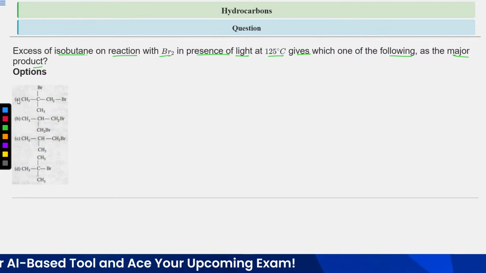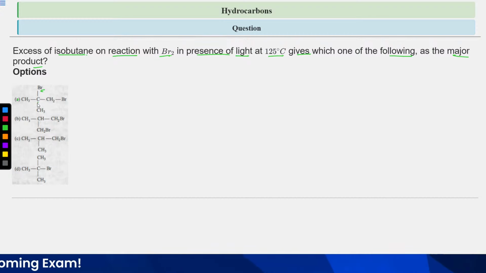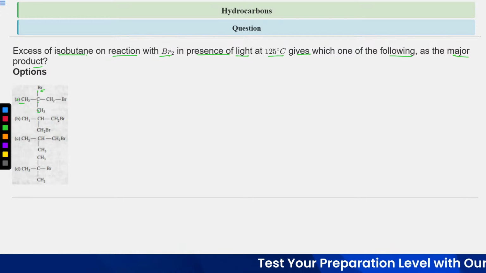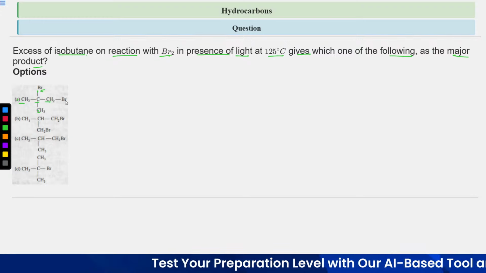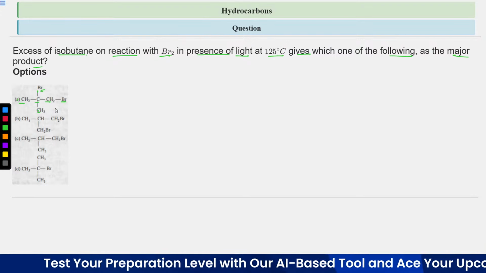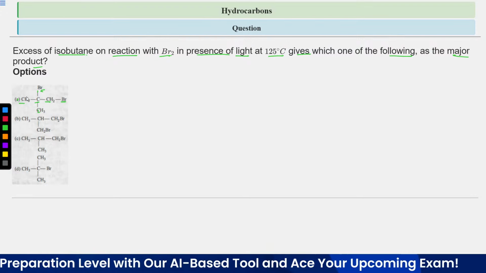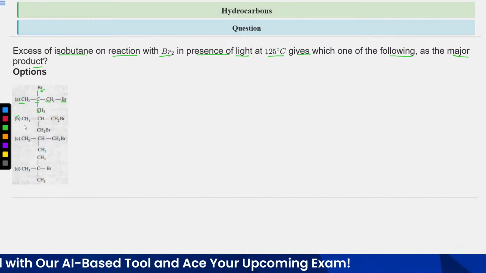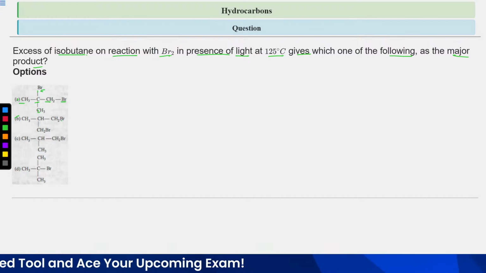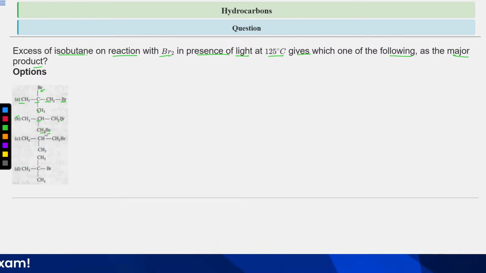Options are, you can see in option A we have bromine at the second position and also methyl as a side group on the second position, and we have a chain of propane or propyl. Also one bromine is at the end or third carbon. In option B we have a similar kind of structure, two bromines are present, but at the second position methyl bromide is present, and at the third carbon we have one bromine.